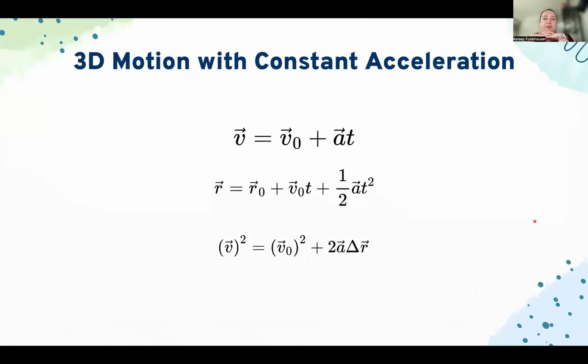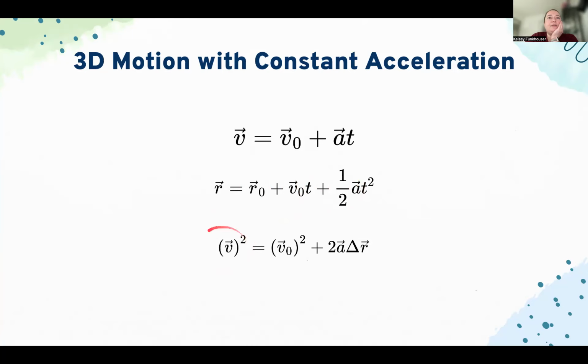Here are kinematics equations in the vector format representing 3D motion. We have the velocity at time t equals the initial velocity plus the acceleration times the time. Then we have the position at time t equals the initial position plus the initial velocity times the time, plus 1/2 the acceleration times the time squared.